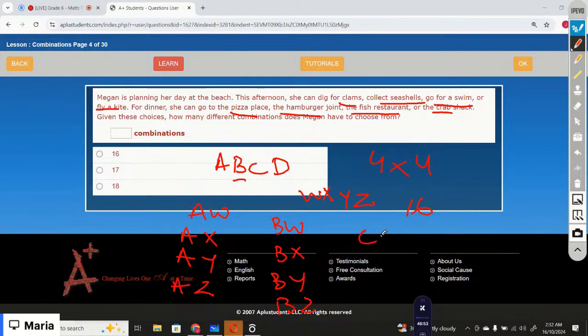Then you have CW, CX, CY, CZ. Then DW, DX, DY and DZ. So when you count them, you have a total of 16 combinations. Got it?